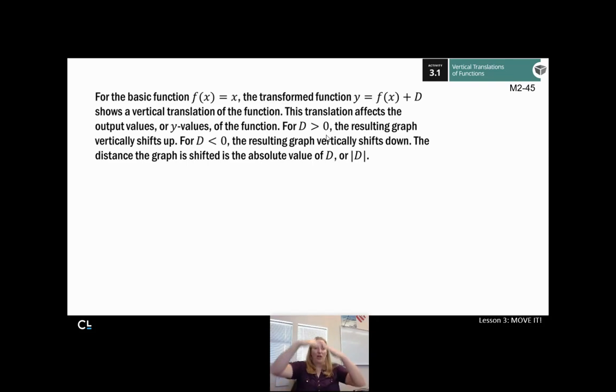If I have a minus 5, it's going to be pushing it down 5 units. And of course, the distance that the graph is shifted is the absolute value of d, right? The positive and negative just tells us up or down. The absolute value itself, that 5, tells us how many units we're shifting up or down. No big deal. Pretty straightforward stuff.